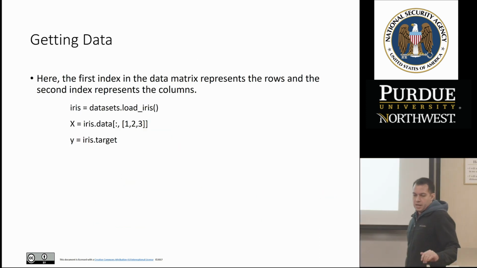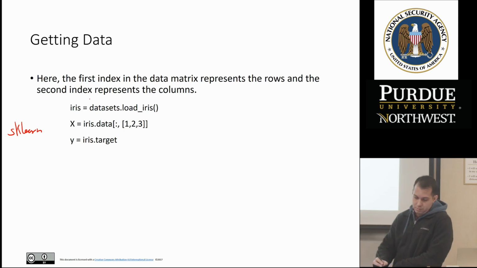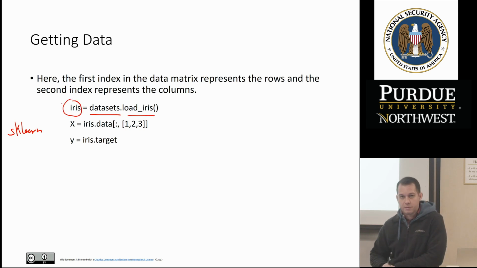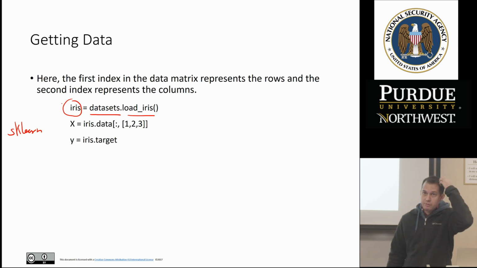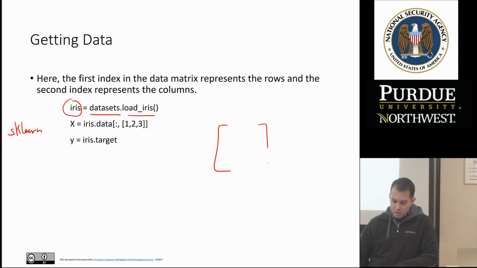So how do you get the data? This is standard generic sklearn code. All right, so here basically you use the module datasets. Okay, and then you do .load_iris, for instance, and then you create an object, a variable iris, and now you have your data in that variable. However, once you have the data, the next step is to identify what are the features and what are the classes, right?